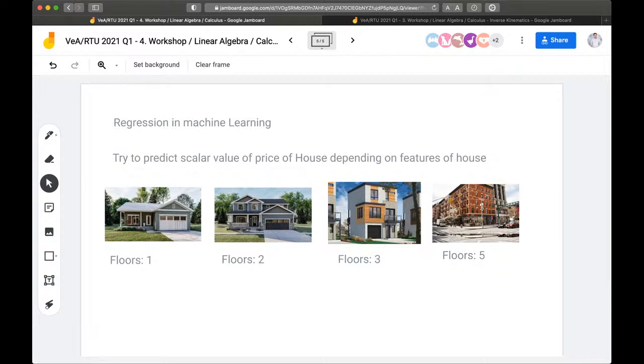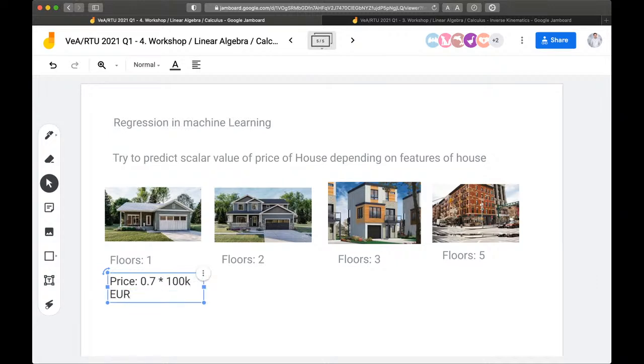And then let's imagine that the price is something that we multiply by 100k. The price will be, let's say, 0.7 times 100k euro.